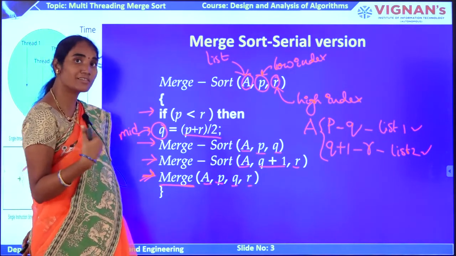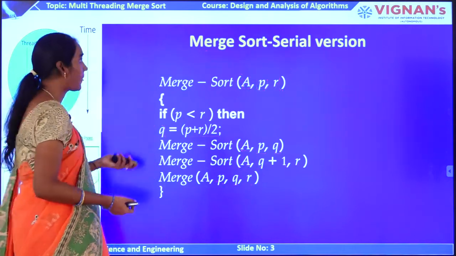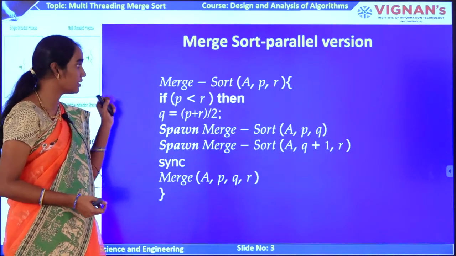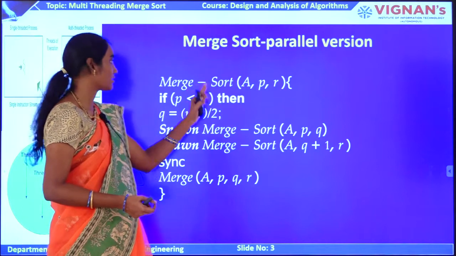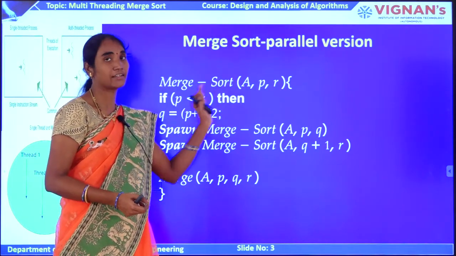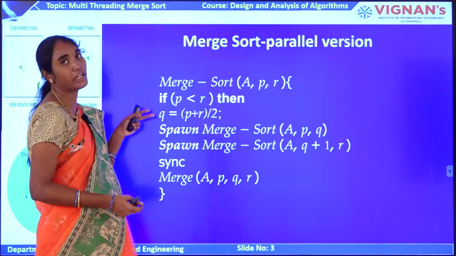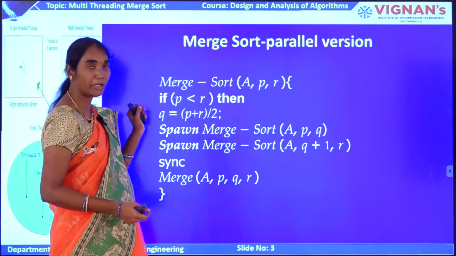How to execute in parallel? By applying multi-threading. So now this is the parallel version. Here merge sort, in the same manner, has the three parameters A, P, R. A is the list, P is the starting index and R is the ending index. Now if P is less than R, I need to find out the mid index, Q equal to (P plus R) by 2.